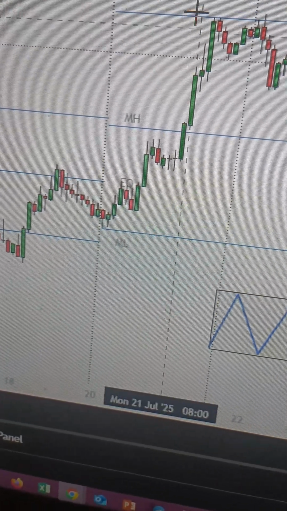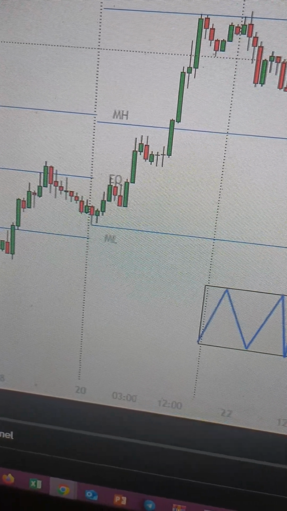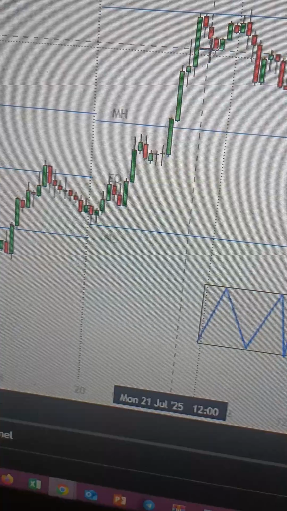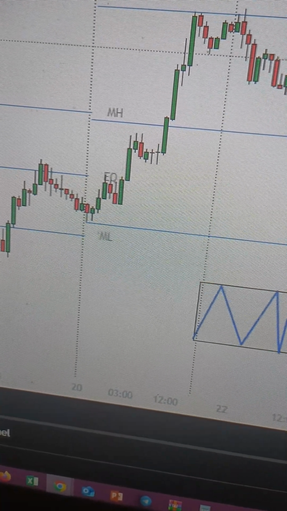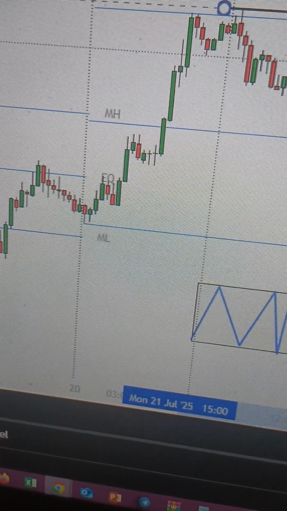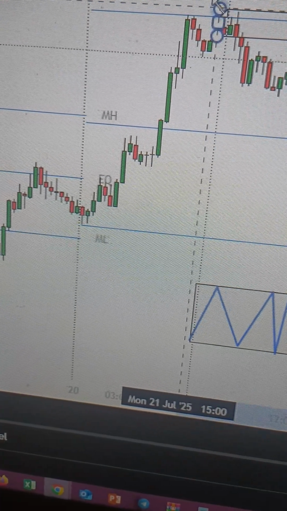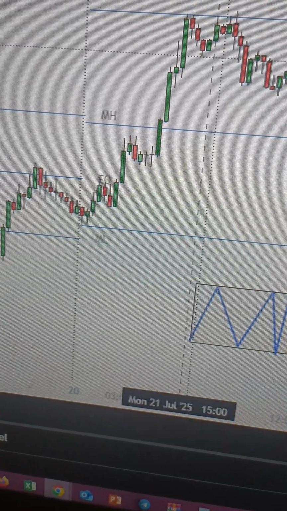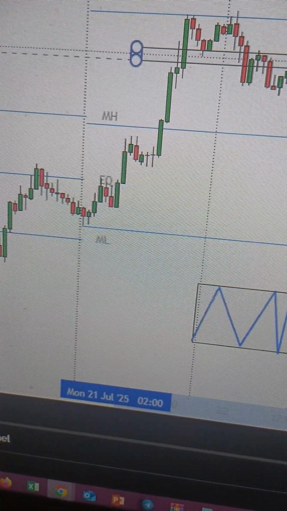So this is what is happening. We had a Monday, we wicked. We never crossed, we wicked. We have a break of structure. We have broken structure, and this was our OB. If you're trading OB, that would be your OB. If you are trading SNR, this will be your zone.